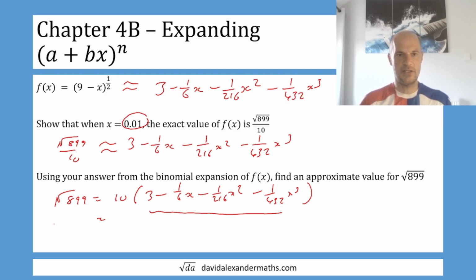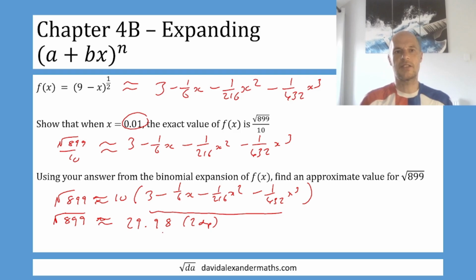So what I'm getting is that root 899, these should have been approximation signs, by the way, not equals. Root 899 is approximately 29.98 to 2 decimal places.